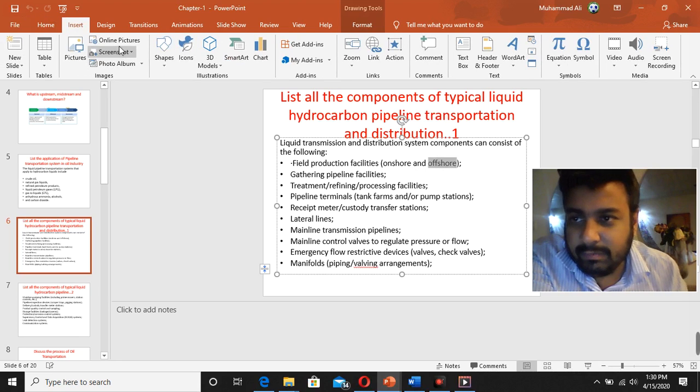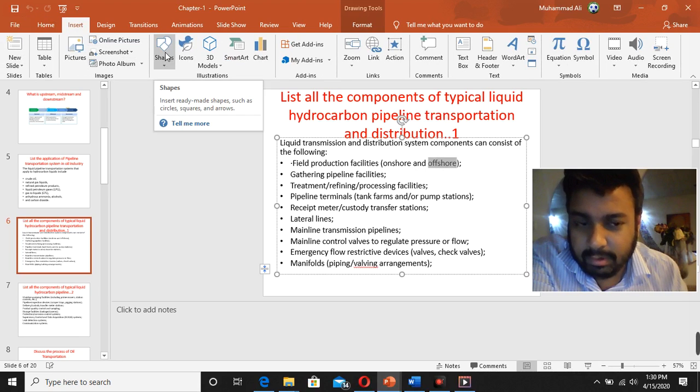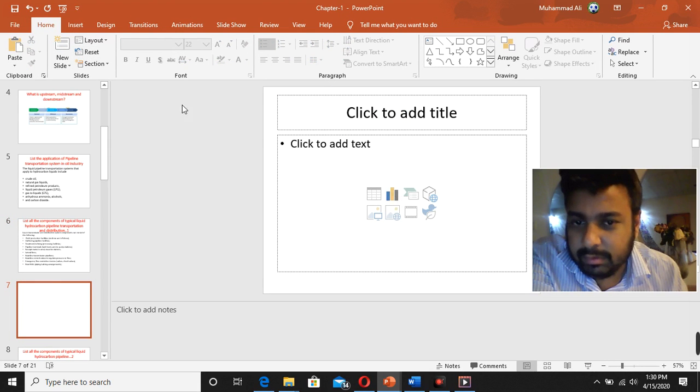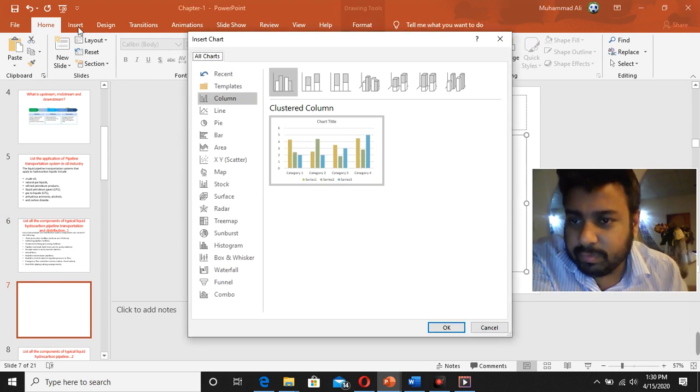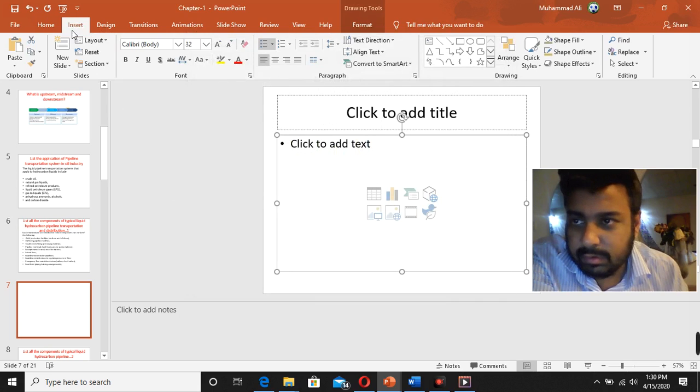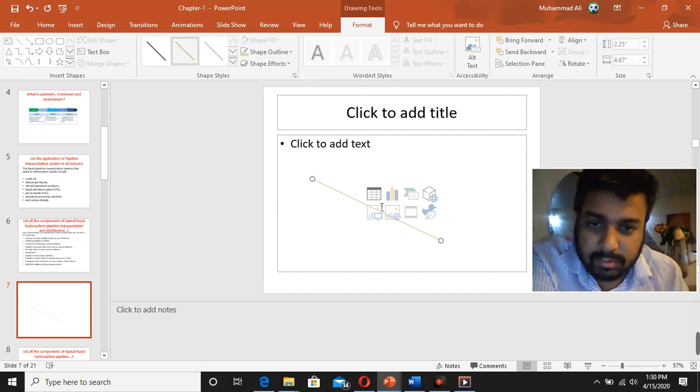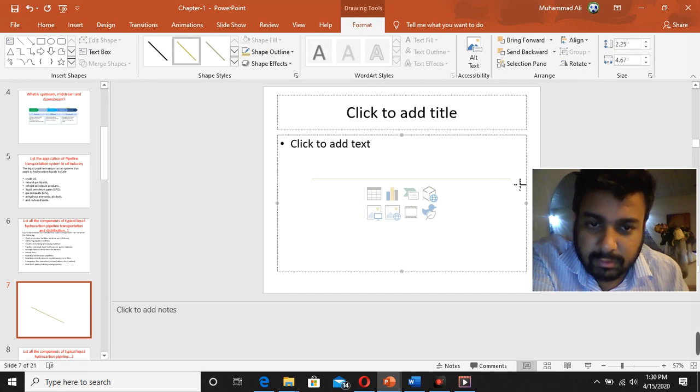As you know, when we have the sea, let me show you here. Assume that this is the seabed.